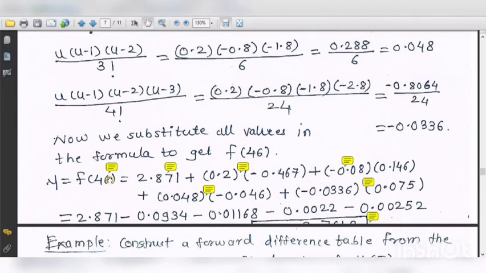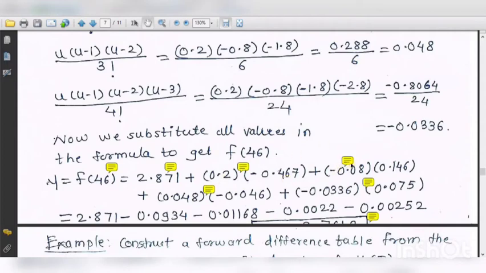So what was our formula? I will show it again here. It is y0 plus delta y0 plus u into u minus 1 upon 2 factorial delta square y0, and so on. However, there are terms up to delta raised to 4 y0, so till that we will consider here. The first term is y0, your value is this. Then the next term is u delta y0, where this is the value of u and this is the value of delta y0.